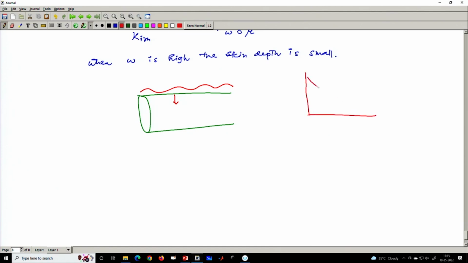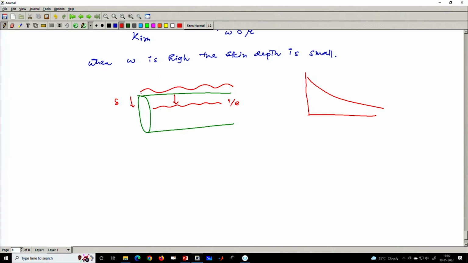This is exponential decay. When it goes here, its amplitude will decay down. So, this is say 1 by e amplitude, and from here to here the depth we call the skin depth delta. Now if the frequency is very high, then the skin depth is very small.